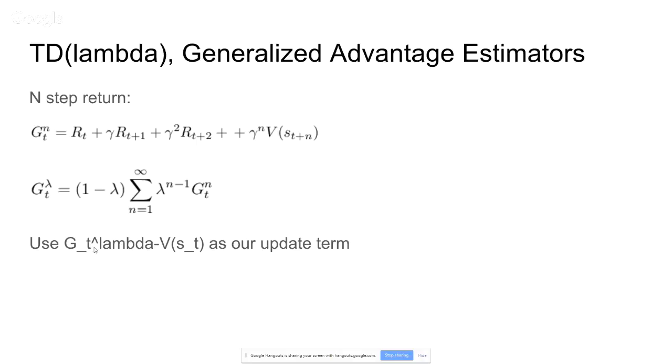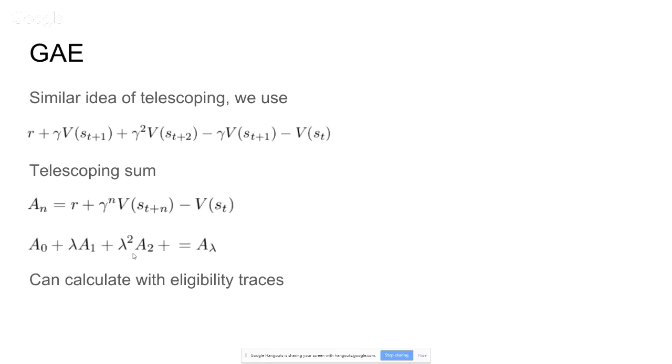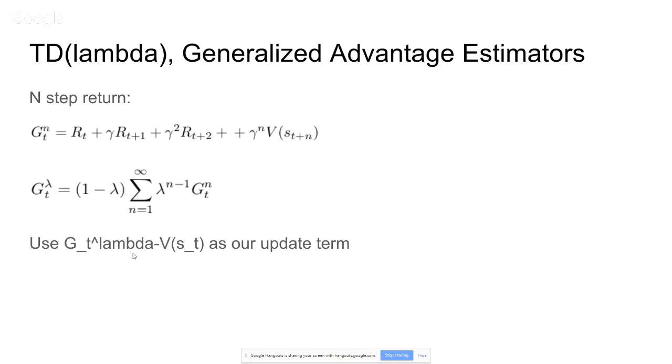And then in order to update our Q function, we can use this G_t lambda minus V. Although it's pretty interesting, actually we don't need all of this.